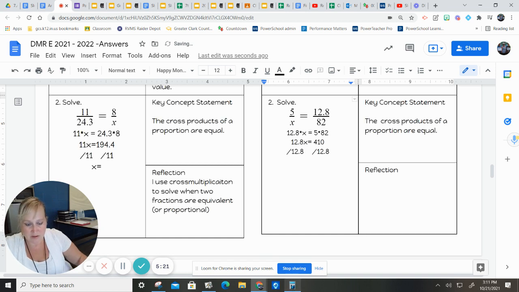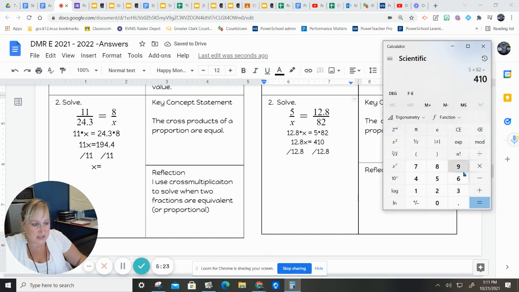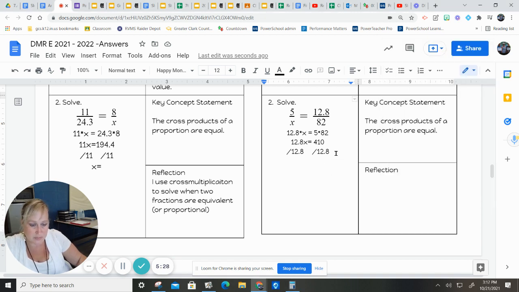Okay, so my calculator is 410 divided by 12.8 equals, still not a pretty number. It's 32 point something. So x, because 12.8 divided by 12.8, that eliminates that.